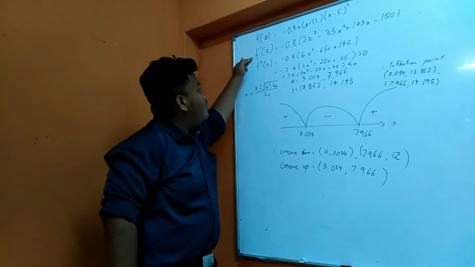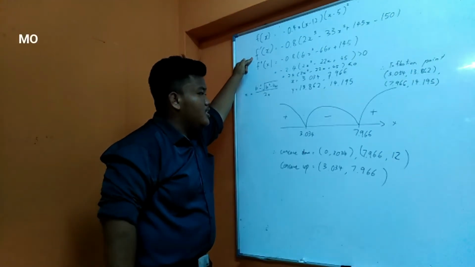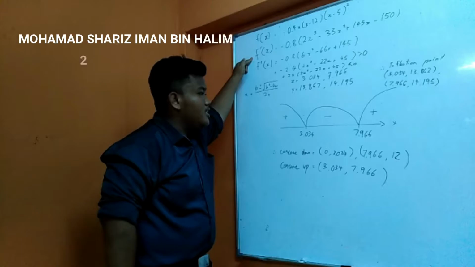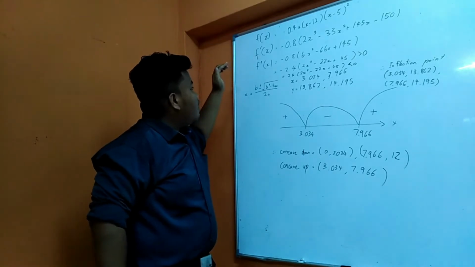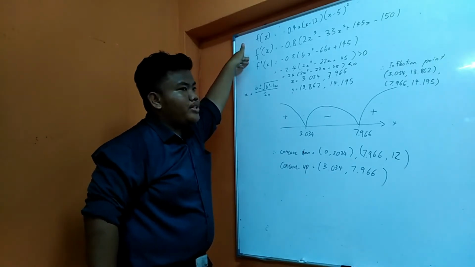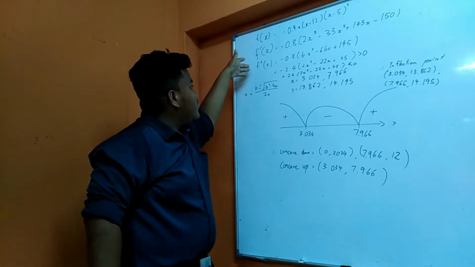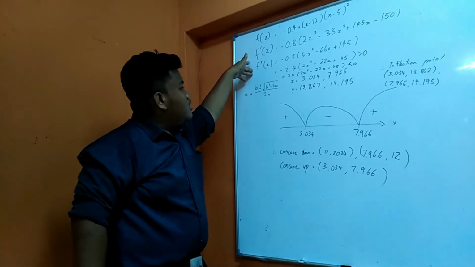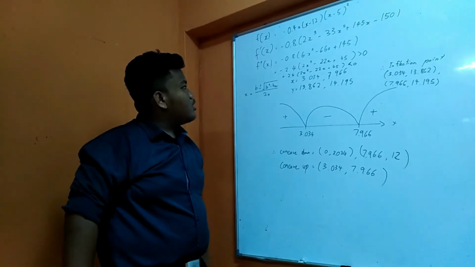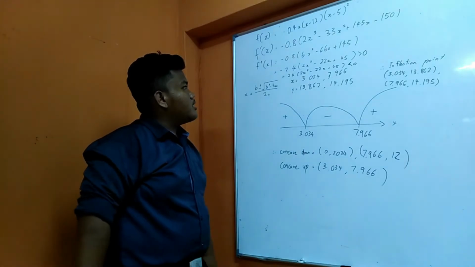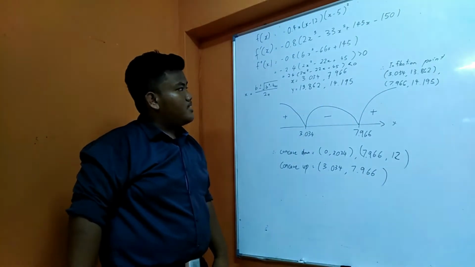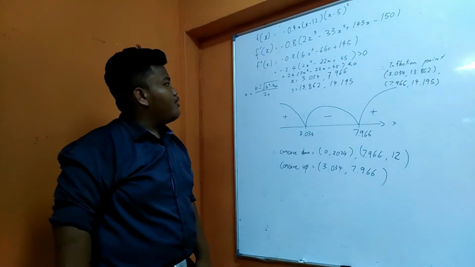So this is the first derivative equation. From the first derivative equation, we find the second derivative equation, which is negative 0.8 times (6x squared minus 66x plus 155).